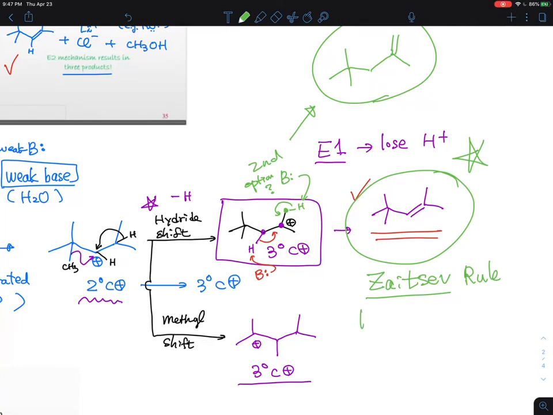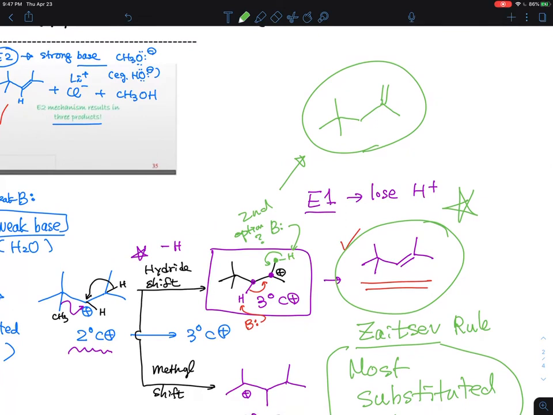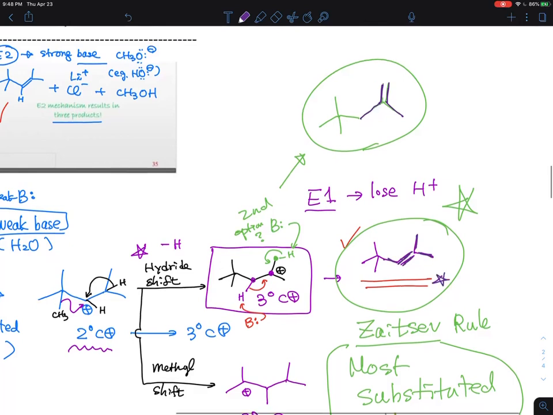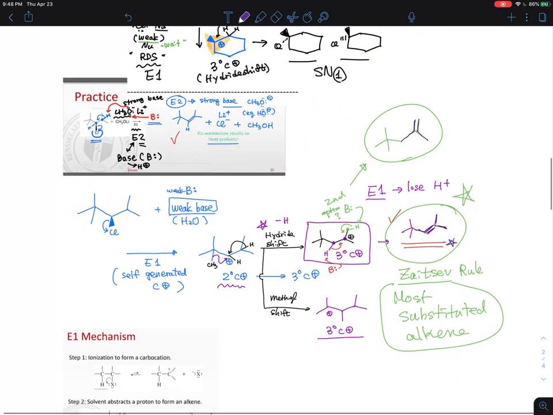This is the one where the most substituted alkene is what nature prefers. Because what you see up there, the double bond only has two attachments, right? Here, this double bond has 1, 2, 3 attachments. So this is what they are going to favor for this kind of reaction.